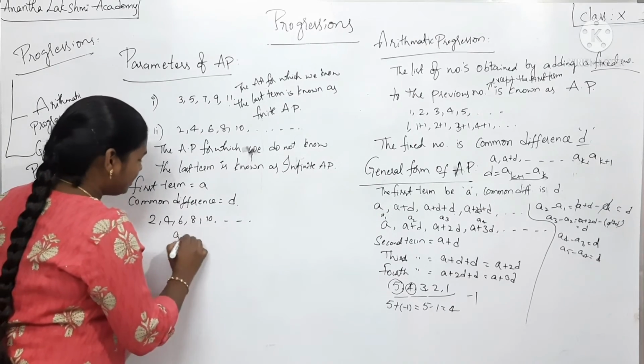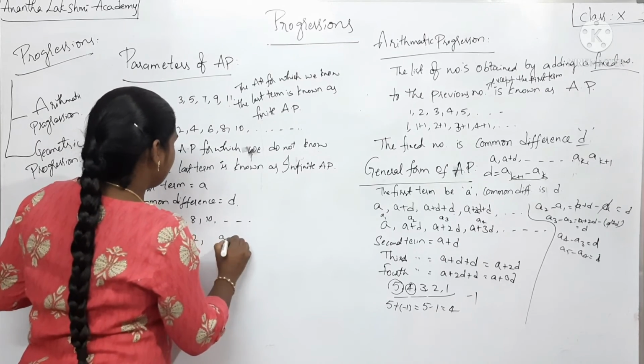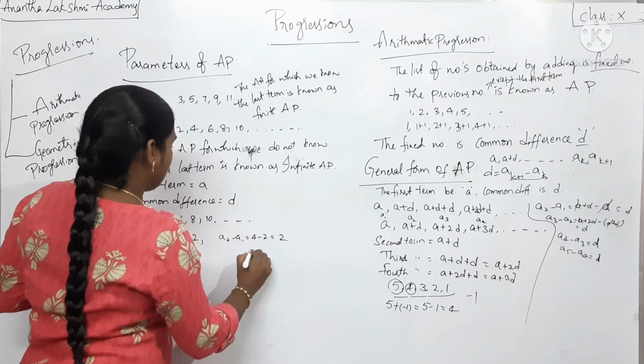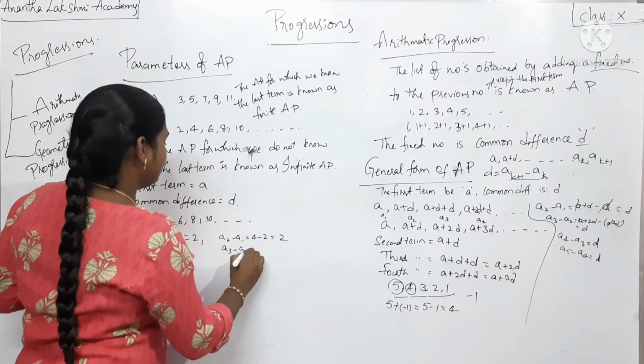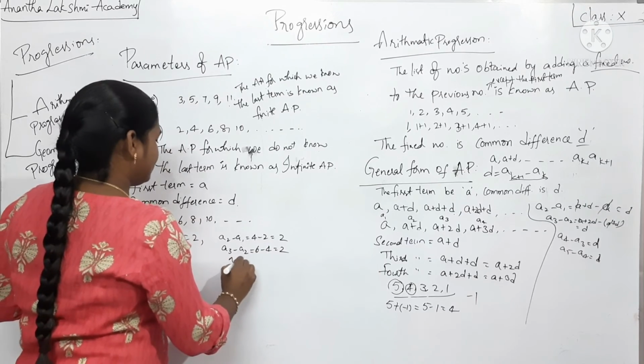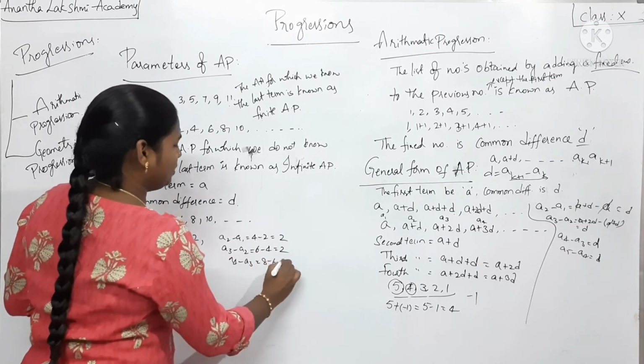Here the first term is 2. The common difference A2 minus A1 is 4 minus 2 is equal to 2, and A3 minus A2 is 6 minus 4 is equal to 2. A4 minus A3 is equal to 8 minus 6 is equal to 2.